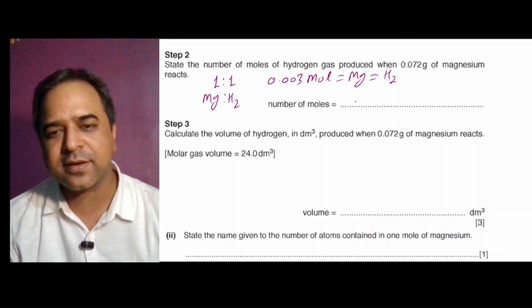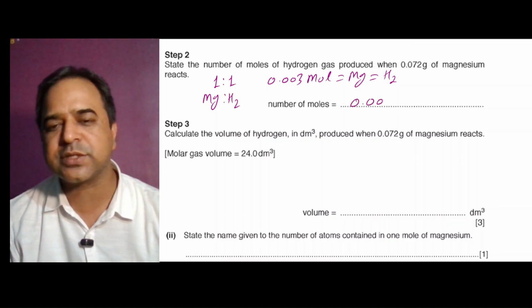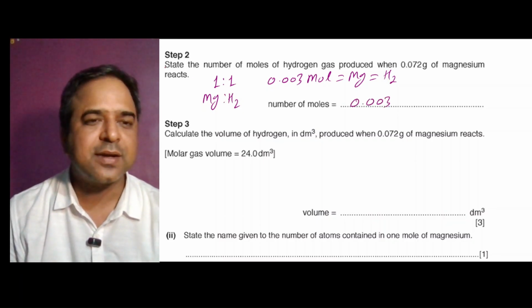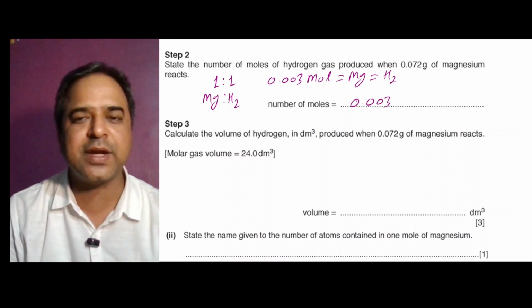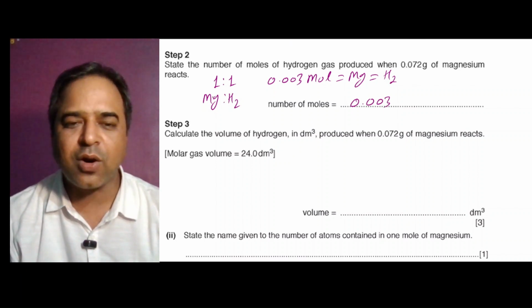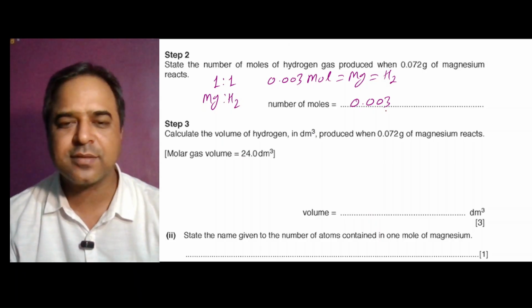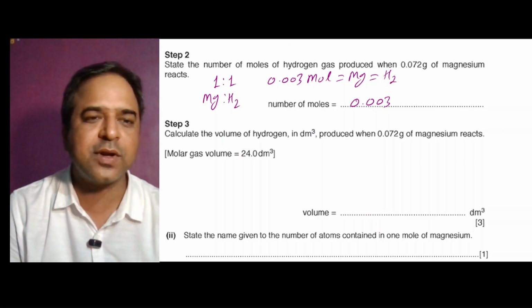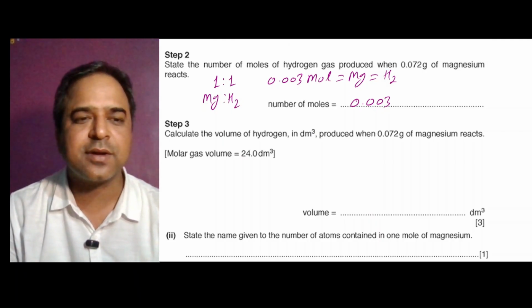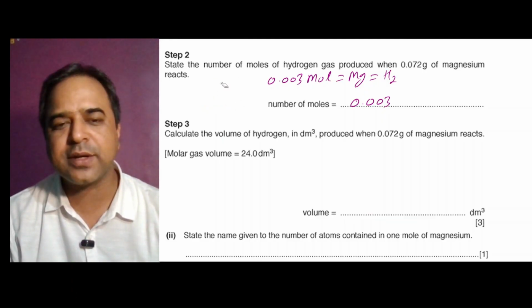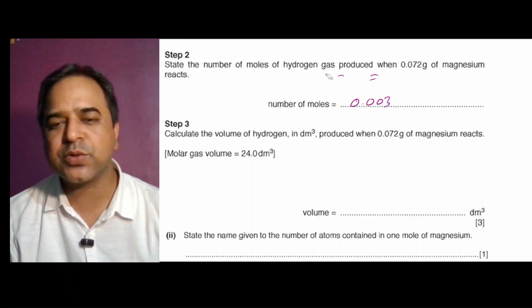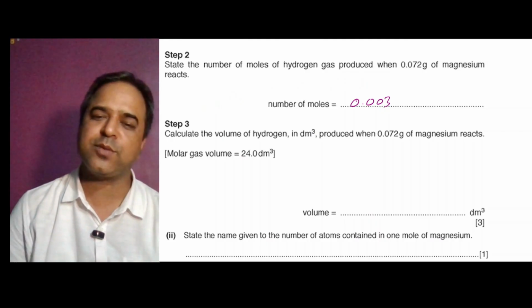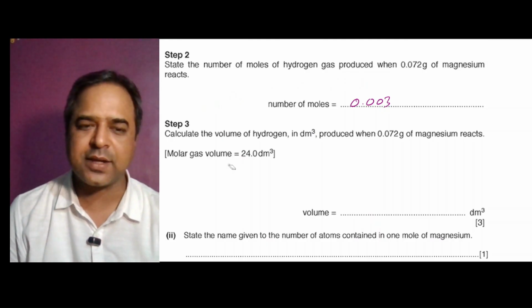So you will write here 0.003. But during the exam, you don't need to write all these things for 1 mark. You will just write 0.003 mole, since they both are equal.